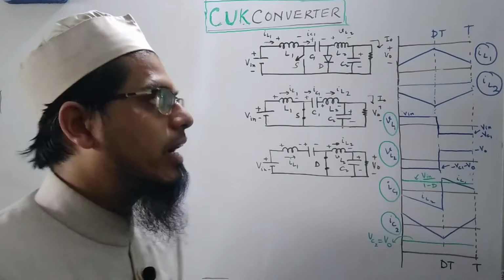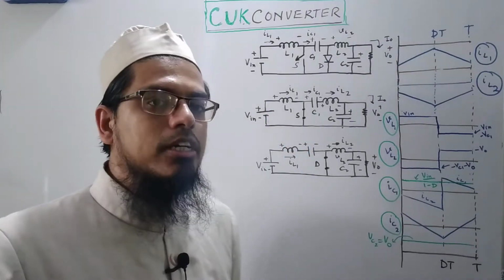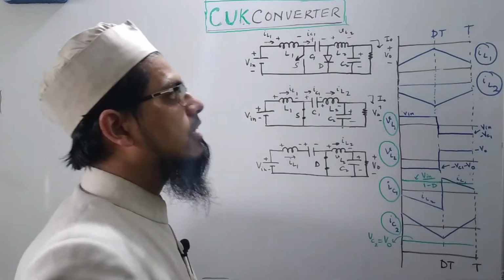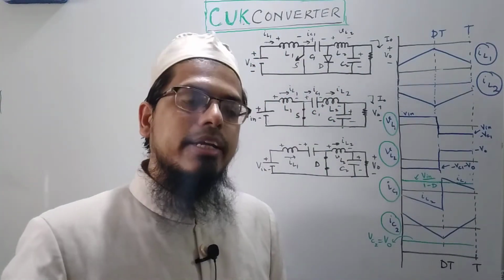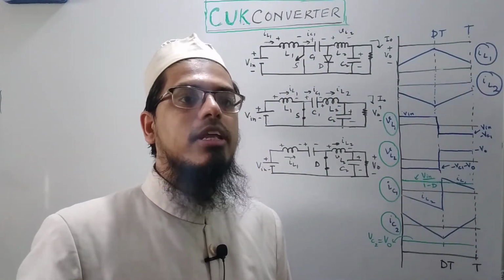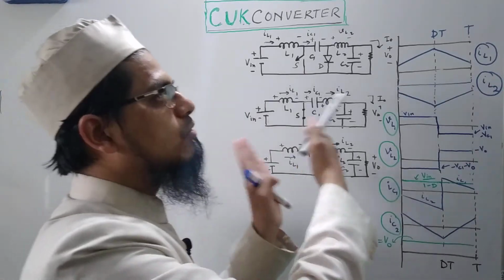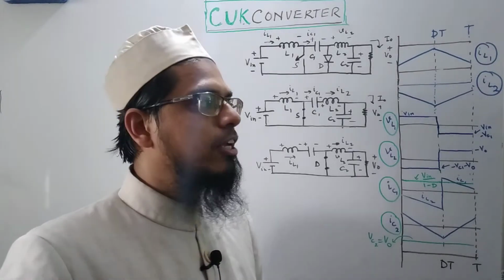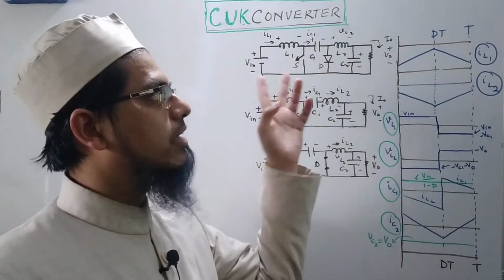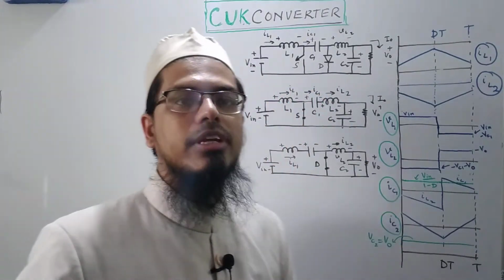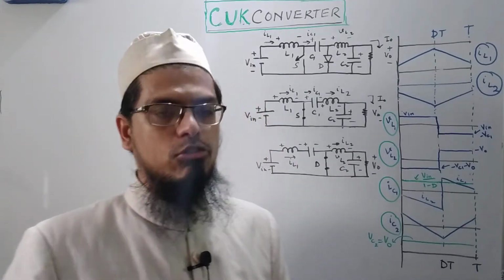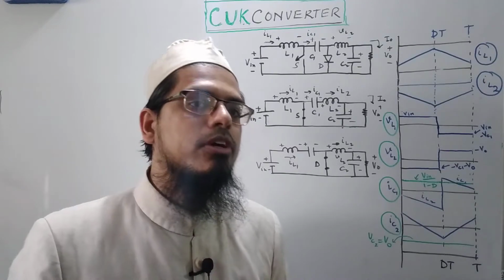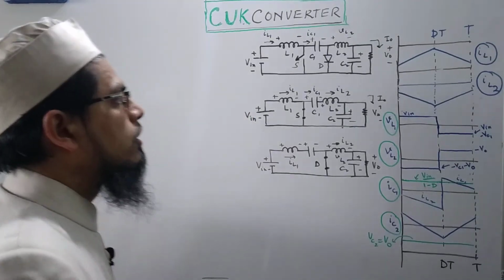While in the Shuk converter we have an inductor as well as a capacitor, which acts as energy storing as well as transferring that stored energy to the output during an interval. So we have two passive elements storing and transferring energy from the input side to the output side. That is what makes it different from the other three types of DC to DC converters.